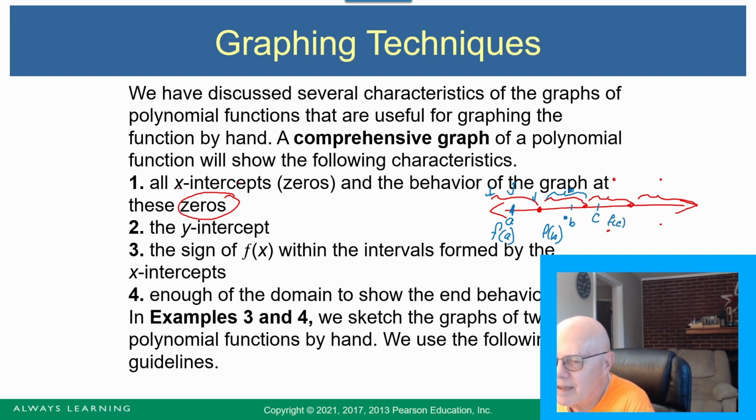Find out whether it's positive, which means the graph is up here, or negative, and the graph is on the bottom. And last of all, pick any number out here. You can pick 1,000 or a billion if you want to, because it goes to infinity anyway. So pick a number D, find the function value, and you can see whether the graph is going to be above or below the axis, depending on whether it's positive or negative.